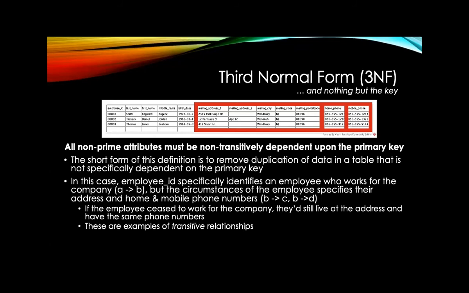But it definitely violates third normal form because this data, this mailing address, is in no way, shape, or form functionally dependent upon employee ID. I may have had the mailing address before I ever went to work for Big Scary Robots.